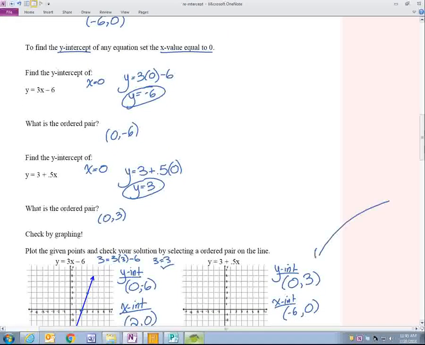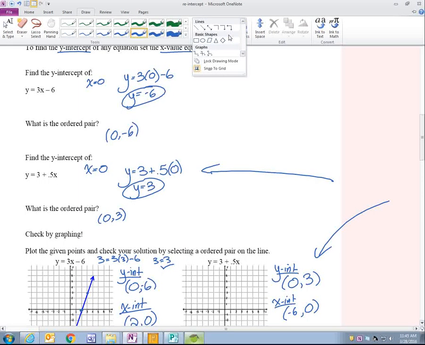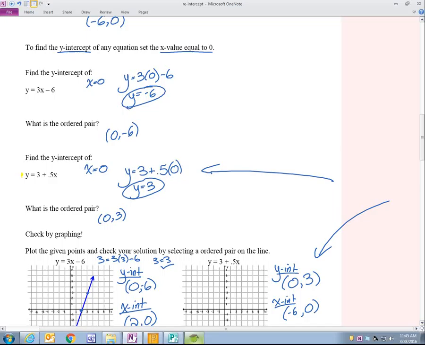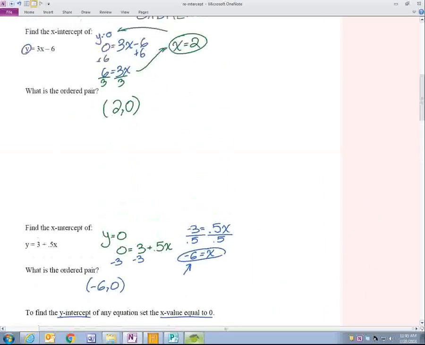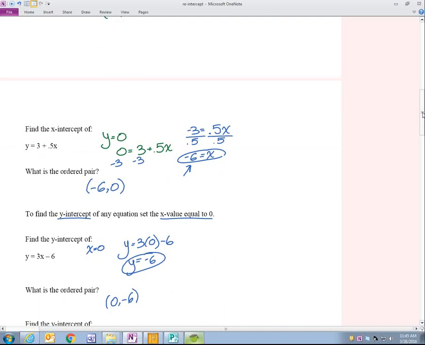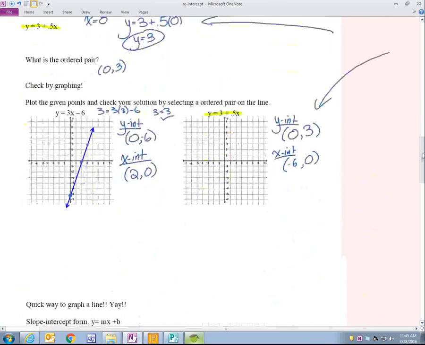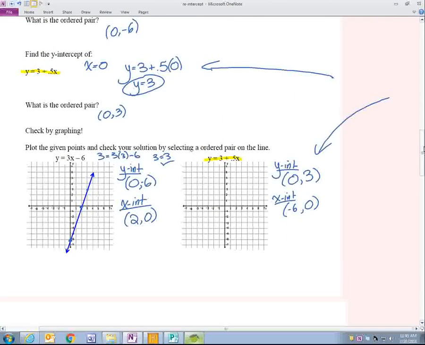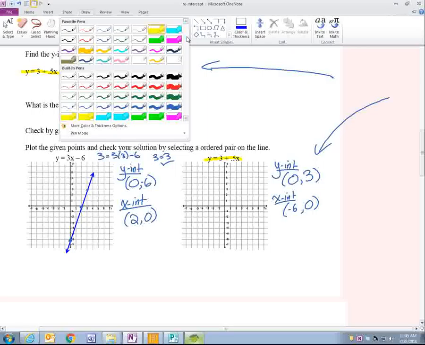Here's the y-intercept for this one, right here, and also right here. Just to put them all together. Are there any questions so far?